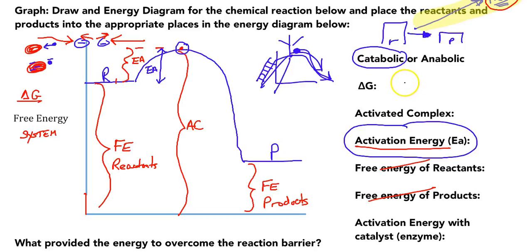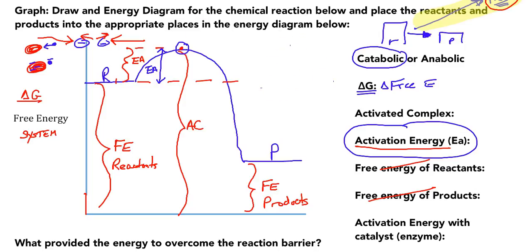And so I'm drawing the energy diagram and placing the reactants appropriately. So delta G, which is the change in free energy, we're going to say is what? Well, delta G is the change. That is going to be here. We started here. Let's get rid of my slide.